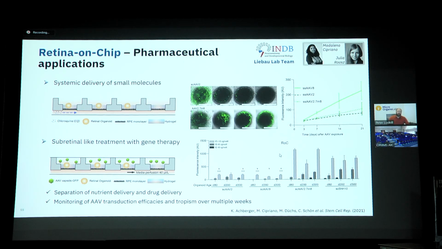And we could do that because we separated the nutrient delivery and the drug delivery, similar as you would do it in vivo. And then we looked at the AAV transduction efficacy and the tropism over 3 weeks and could compare different types of AAVs and promoters. And this is now being used by our partners at Boehringer to move some of their candidates forward.